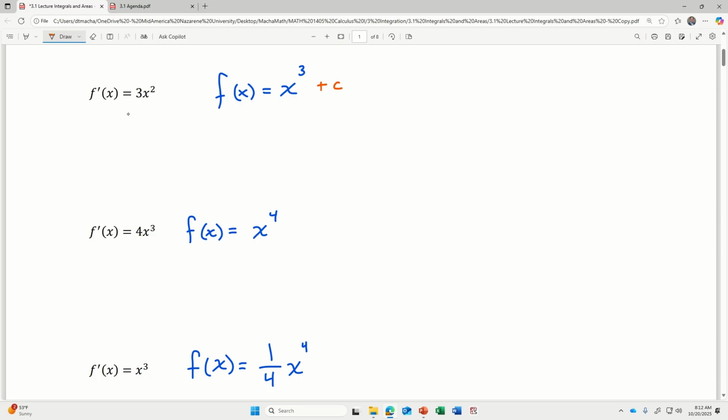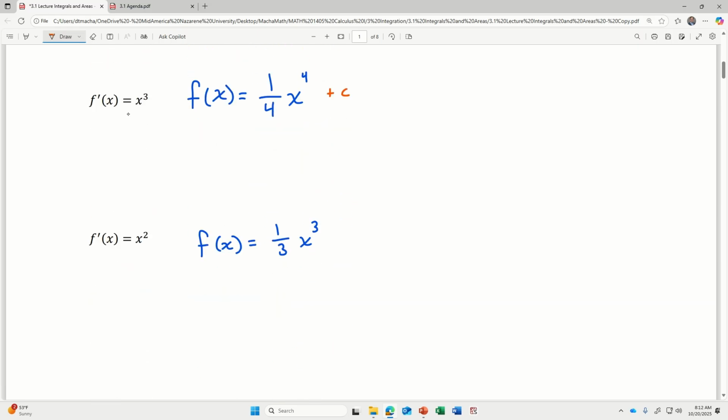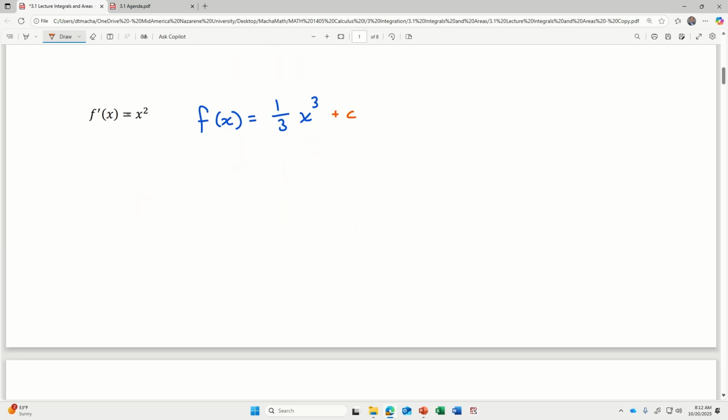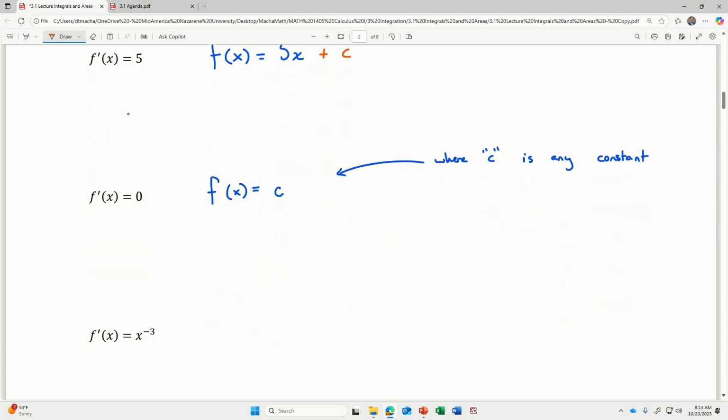If I had x to the fourth plus a constant, or 1/4 x to the fourth plus a constant, those still give you the same derivative. Adding a constant to the end does not change the derivative. So the complete, most generic, general answer to all of these questions involves adding a little constant term to the end.